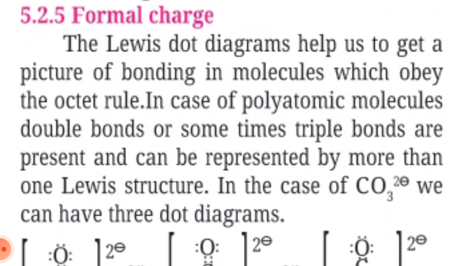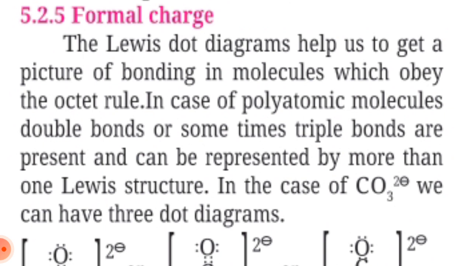Formal charge. The Lewis dot diagram helps us to get a picture of bonding in a molecule which obeys the octet rule. In case of polyatomic molecules, where double bonds or some triple bonds are present, these can be represented by more than one Lewis structure.